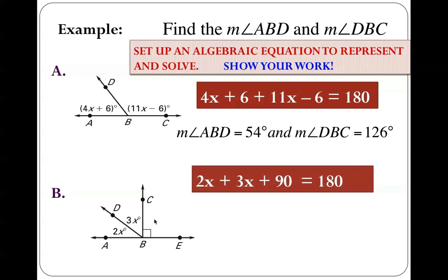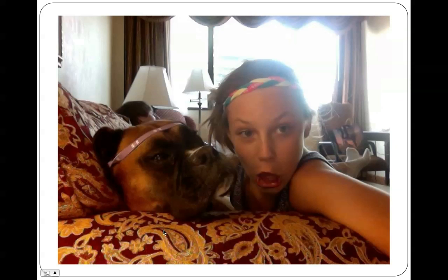You could do it either way. And then when you go ahead and solve that and get your x and plug it back in, you're going to figure out ABD again and DBC. And notice that you can double check it two ways. These two add up to 90, which they should, or 36 plus 54 plus 90 all add up to 180.